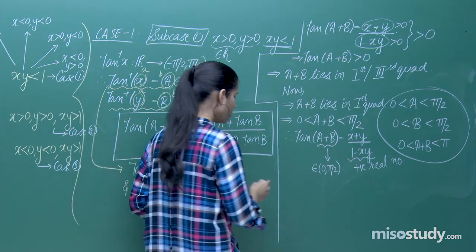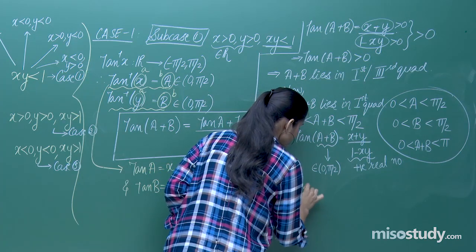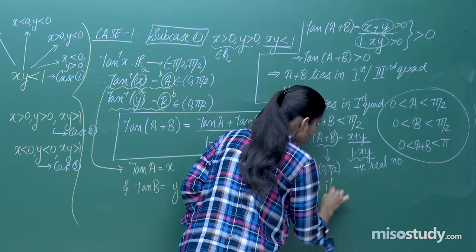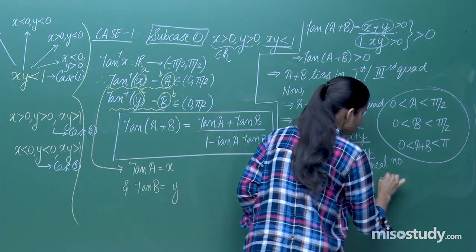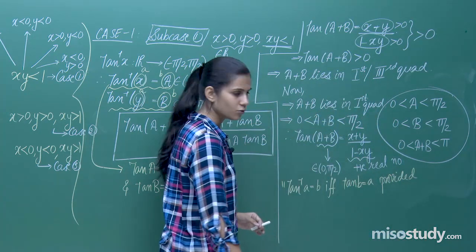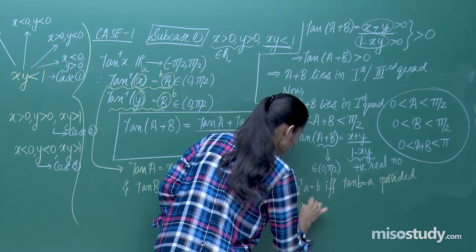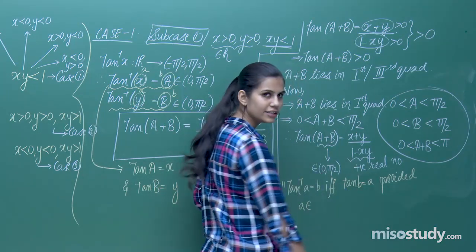Now it's time to recall a result which says, tan inverse A equals B if and only if tan B equals A provided A comes from the domain of tan inverse or the range of tan.